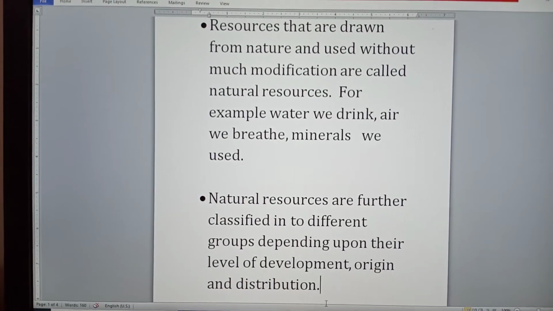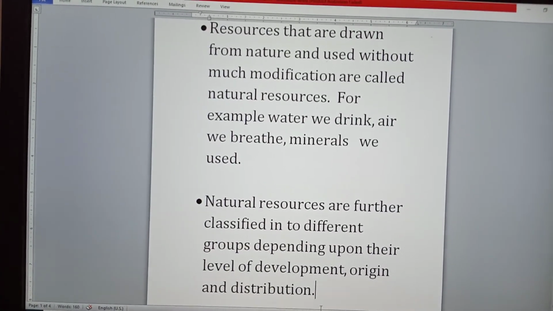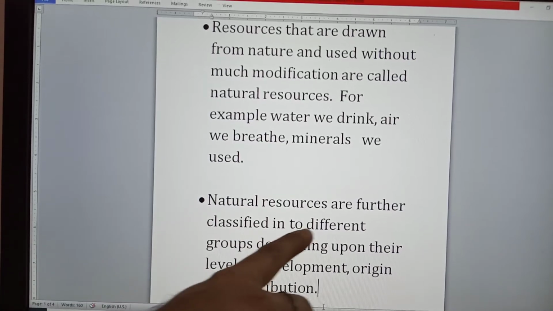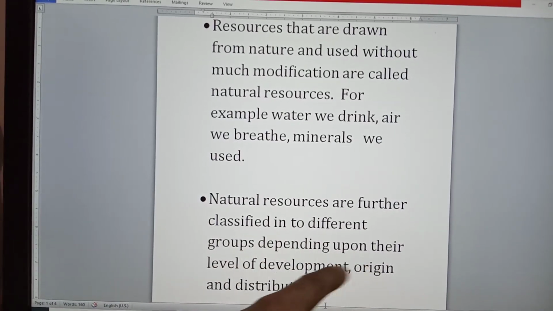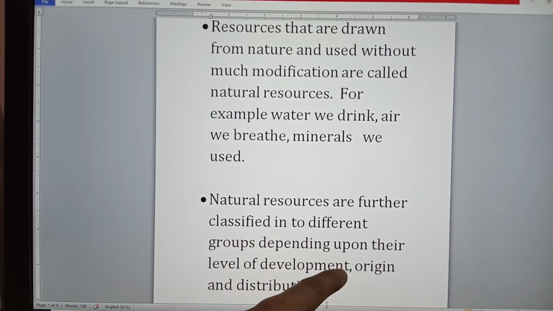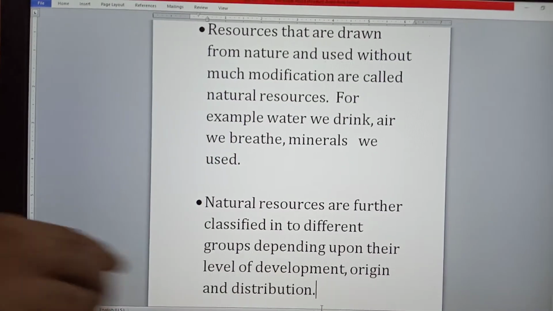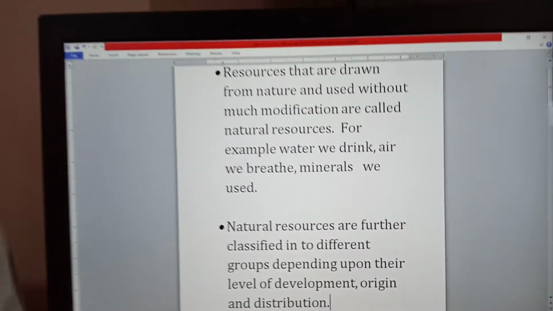So please write down: natural resources are further classified into different groups depending upon their level of development, origin and distribution. On the basis of development, natural resources can be divided into two groups: actual resources and potential resources. What are actual resources?